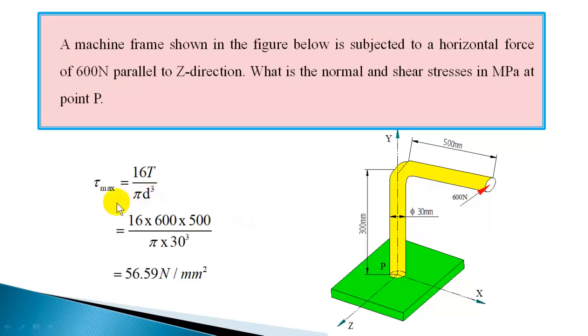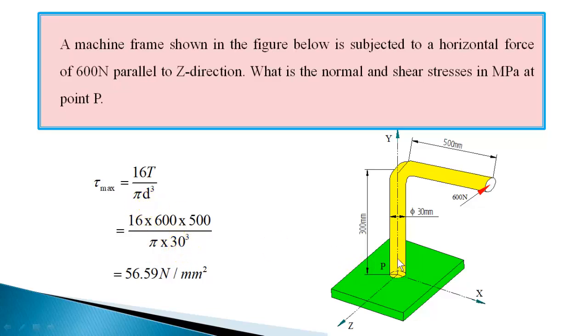Now you can find out the maximum shear stress due to a torque as 16T divided by pi d cube. We know the torque acting at this point P due to this force is 600 into 500, so that will be the torque in Newton mm. So the torque in Newton mm is 600 into 500 divided by pi d cube.